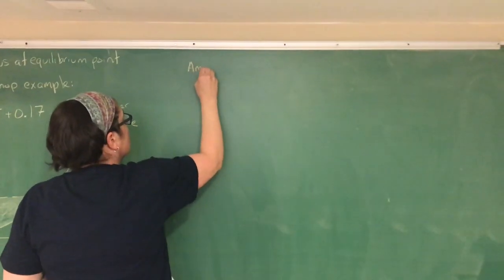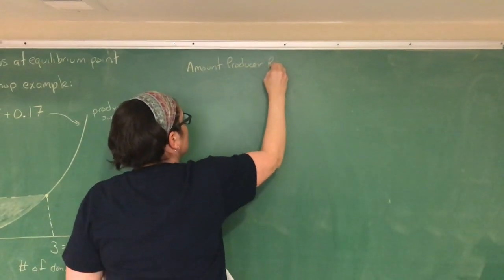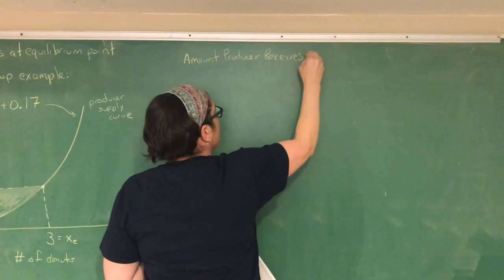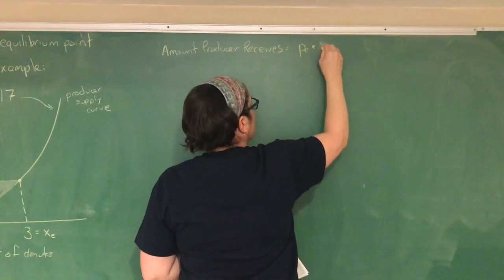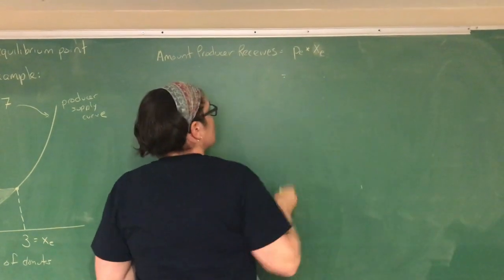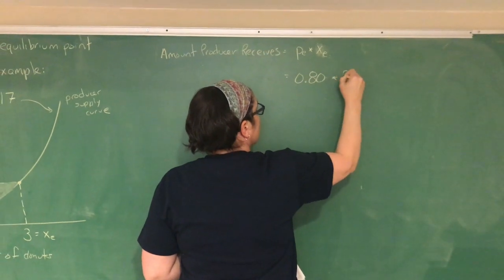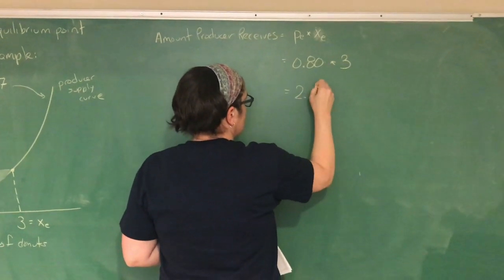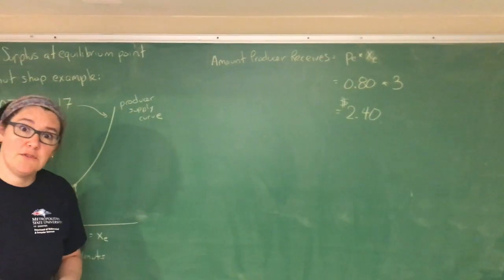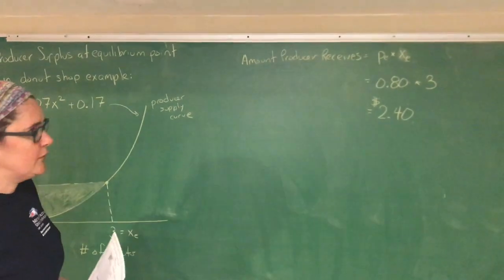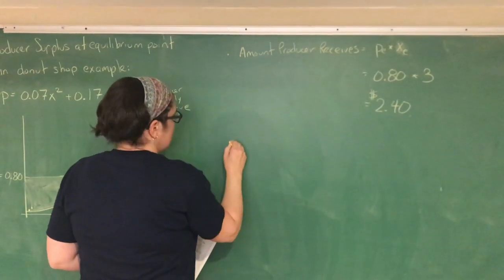The amount that the producer receives is our price per unit times our quantity, which for us is 80 cents times 3 donuts. So our producer is going to receive $2.40 for producing and selling 3 donuts. Okay, that's one piece of information we need.